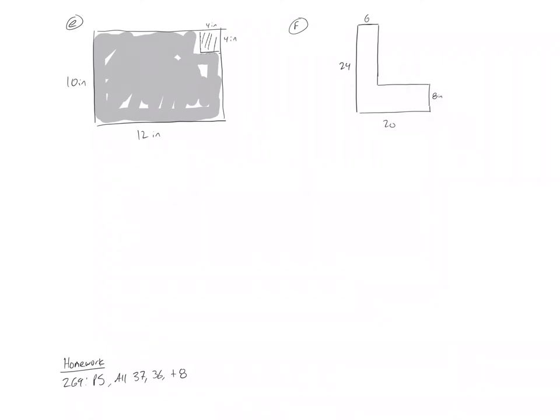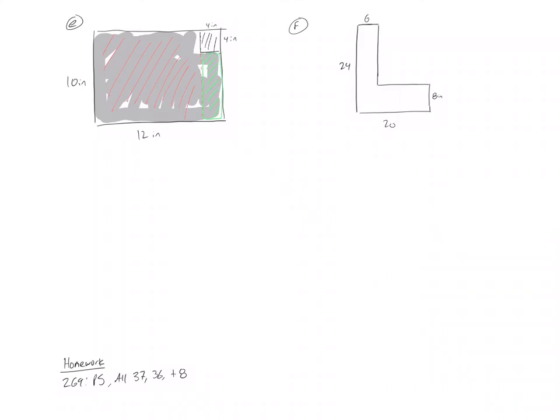So what I'm going to do is cut this piece of paper into 2 rectangles. I'm just going to cut it down right here. So I'm going to find the area of this red rectangle, find the area of this green rectangle, and then I'm going to add those two together. Okay?